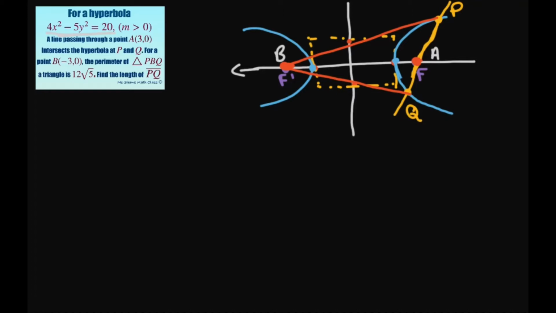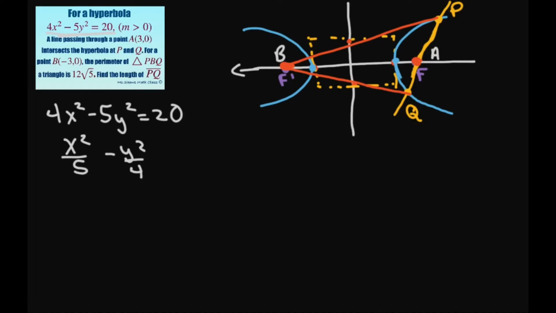So basically let's divide 4x squared minus 5y squared equals 20 by 20. It's going to give me x squared divided by 5 minus y squared divided by 4 equals 1. And let's figure out our a. Our a is going to be square root of 5.